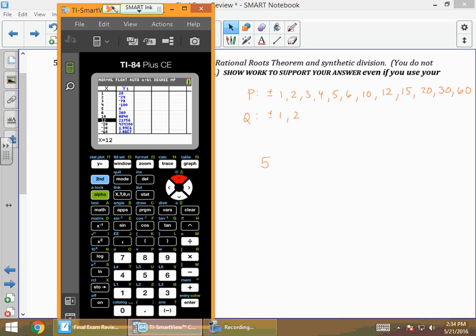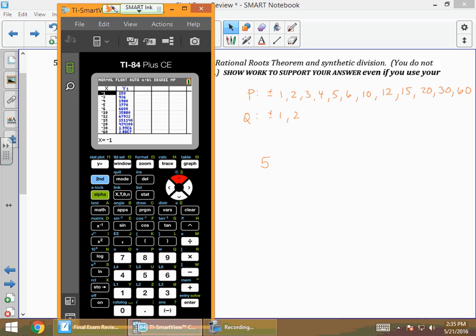No. Negative 15, negative 12, negative 10, negative 6, negative 5, negative 4, negative 3, negative 2. Well, negative 1. So none of the negatives over 1 work. So I only have 1 right now.